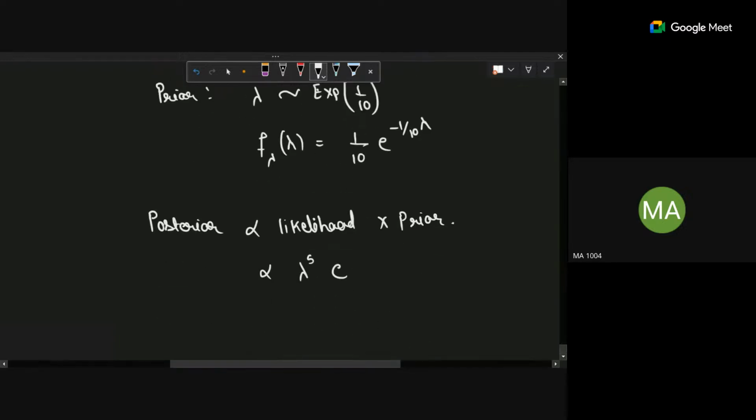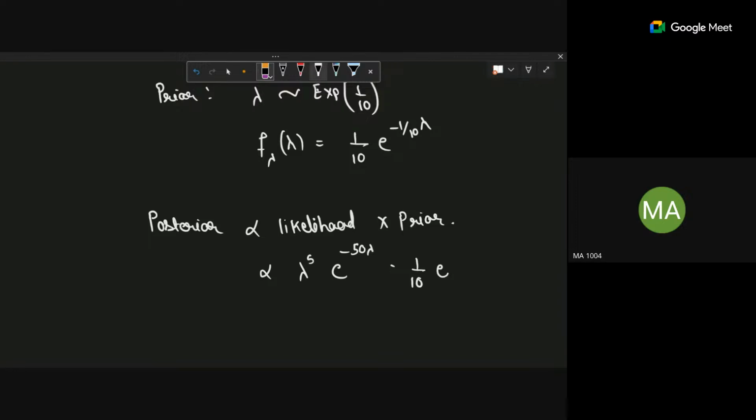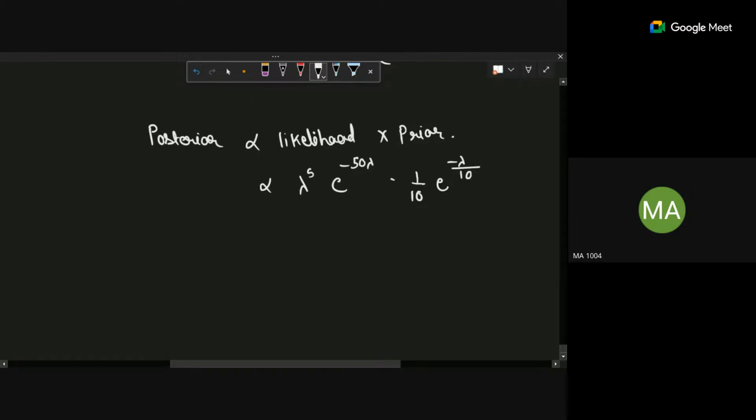For the prior, it is exponential, e raised to the power minus lambda by 10. For this part I changed the notation, even though they are the same, only because we are estimating lambda, so I cannot change the notation here.